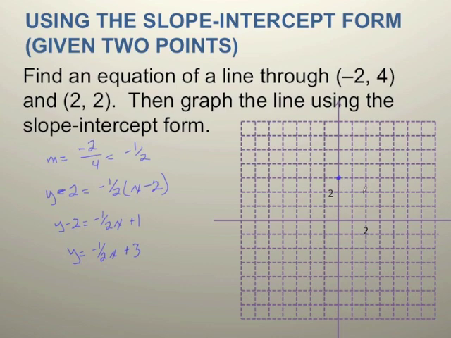So down 1 and over 2. I keep going down 1 and over 2, or I can go up 1 and back 2. Notice this line does have negative slope. And again, I drew my line clear across. You'll use a straight edge and actually make it through those points better.